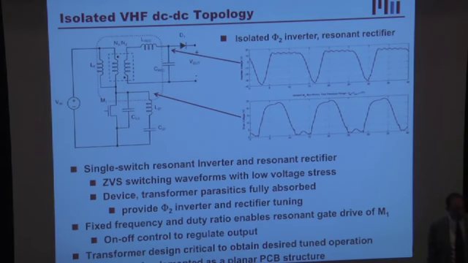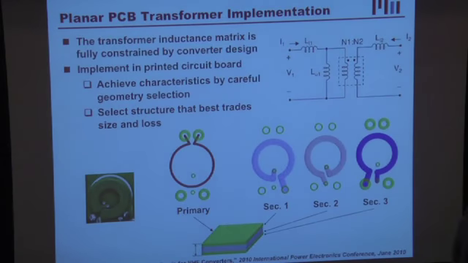Now, the beauty of this is, as compared to, say, this perhaps most closely resembles a flyback converter for those who are familiar with that topology, except that this topology is entirely soft switched, and I can turn up the frequency of this orders of magnitude to the point where this transformer, instead of implementing it as some wound component, I might be able to just implement it as a printed component right in a circuit board. So I might be able to realize it as a set of layers in a circuit board with just printed transformer structures.